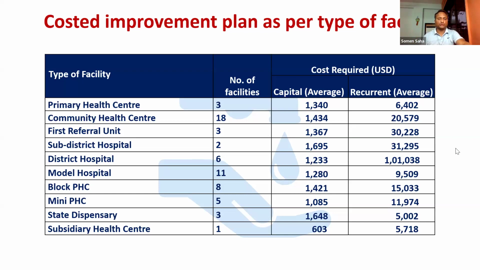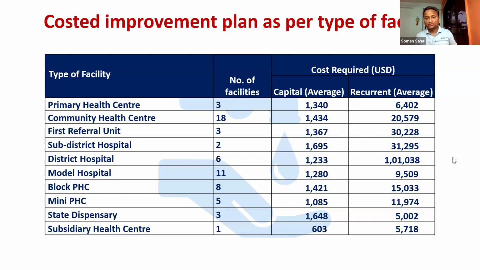District hospitals, which were among the facilities assessed, are 300 to 500 bedded hospitals, secondary care centers, and the referral centers at the districts. So these were the centers where most of the costs were required. And state dispensaries or subsidiary health centers, which were more frontline health posts, needed less cost.